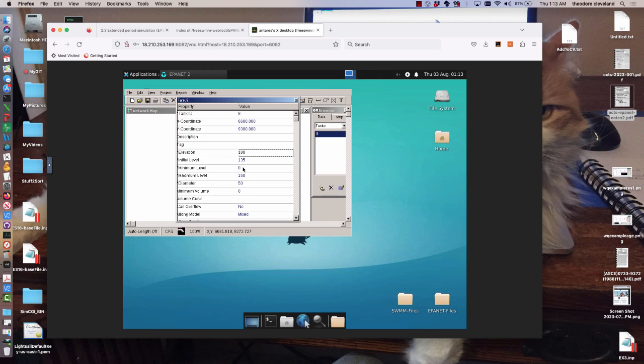The lowest level the tank can reach is 0. The highest is 150, so this is actually a very tall cylinder. It's starting out at 135. The base elevation is 180. So 180 plus 135 gives you 315 as the starting head.